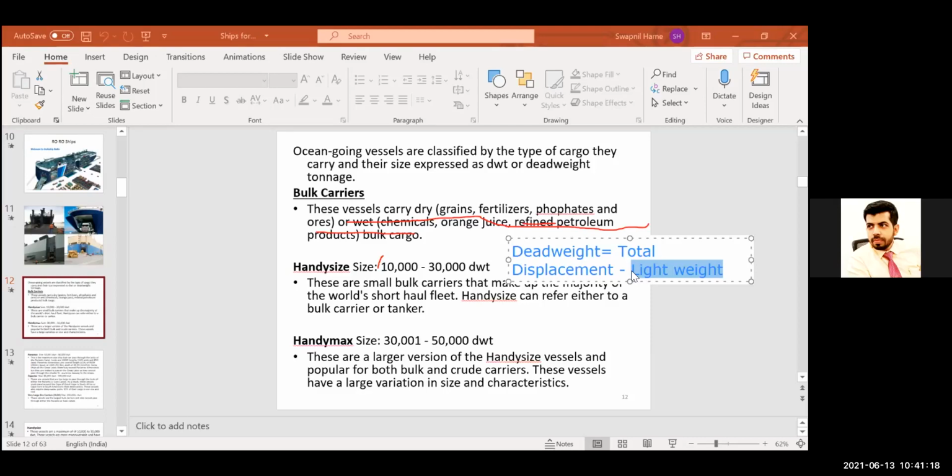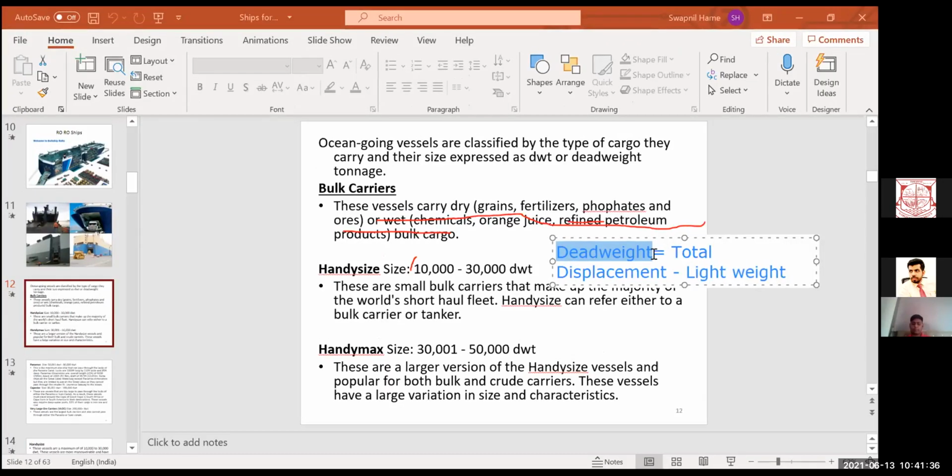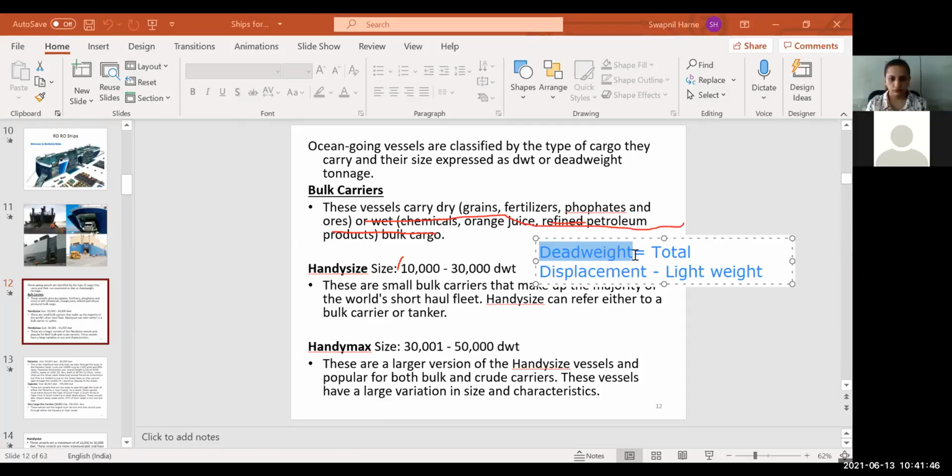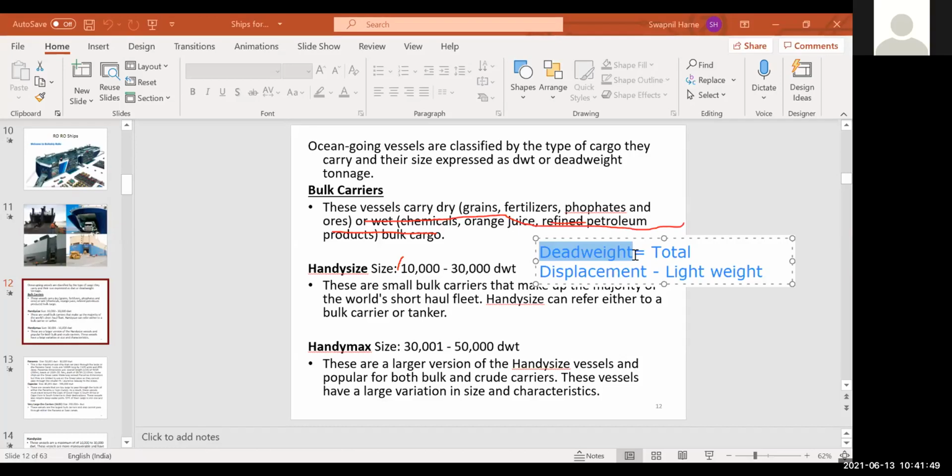Remember this: total displacement minus light displacement is your deadweight. In other terms, the deadweight of a vessel is the capacity of a ship which can carry cargo, fuel, fresh water, etc. So deadweight is equal to, in simple words, cargo plus fuel plus fresh water plus constant of a vessel. So this is what deadweight is. Understand, gentlemen?